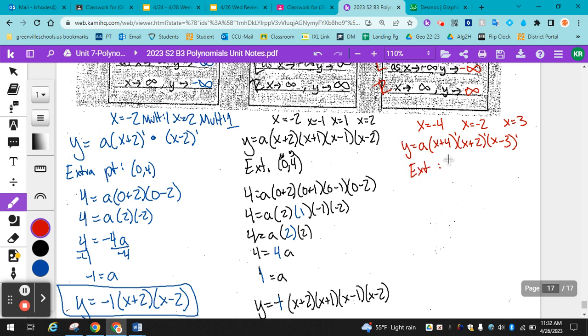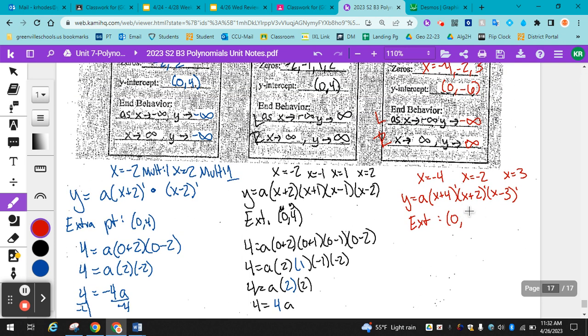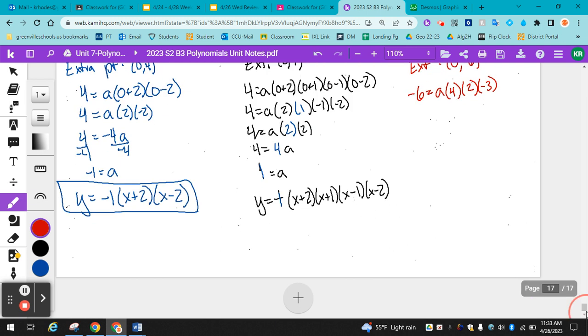My extra point I'm using is (0, -6). It's not 4 now, it's negative 6. So here's my x, here's my y. 0 is the easiest one to do because then all of that becomes just whatever. 0 plus 4, 4. 0 plus 2, and 0 minus 3. Way easier. So negative 6.